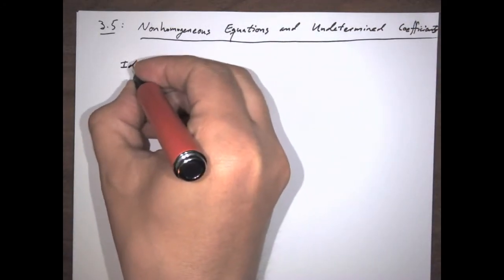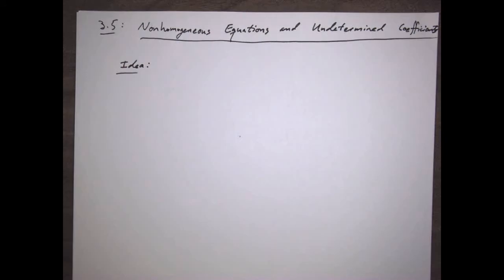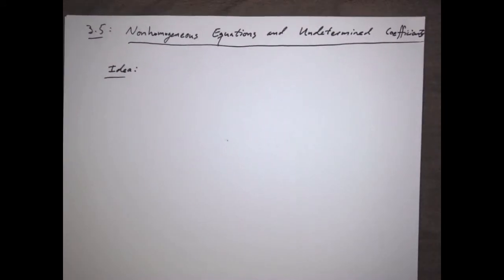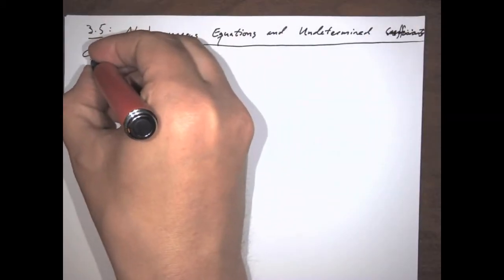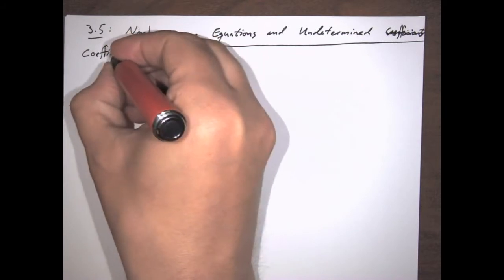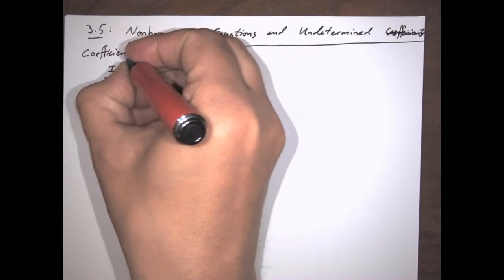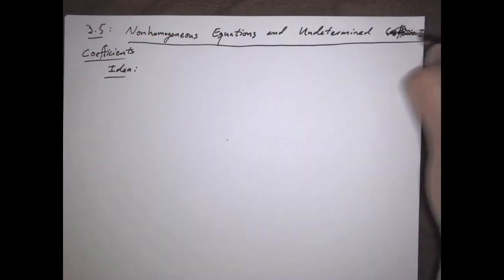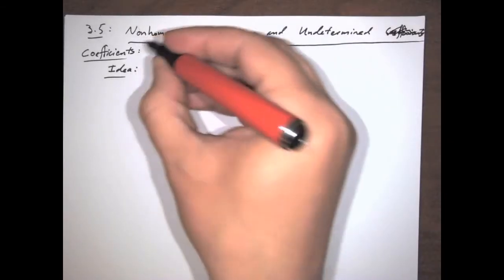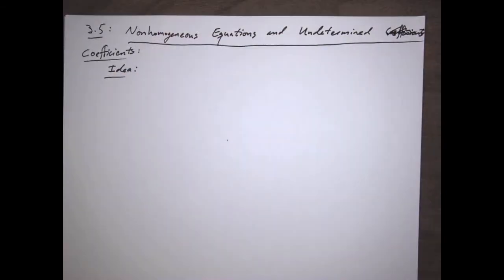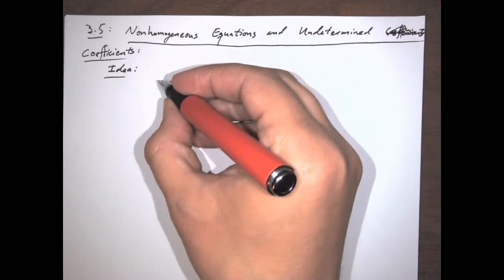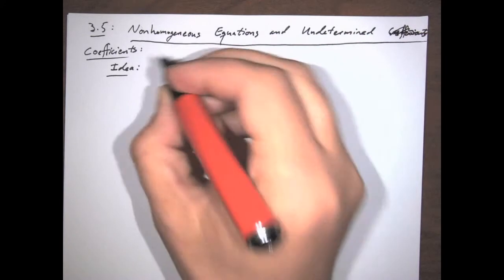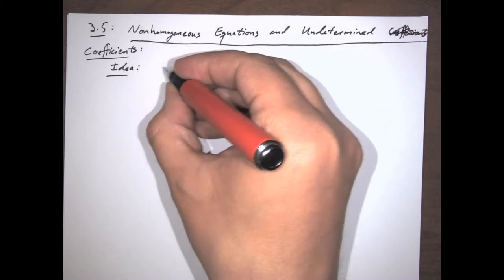Alright, so the idea is we already know how to find the complementary solution for constant coefficient differential equations, but what about the particular solution?